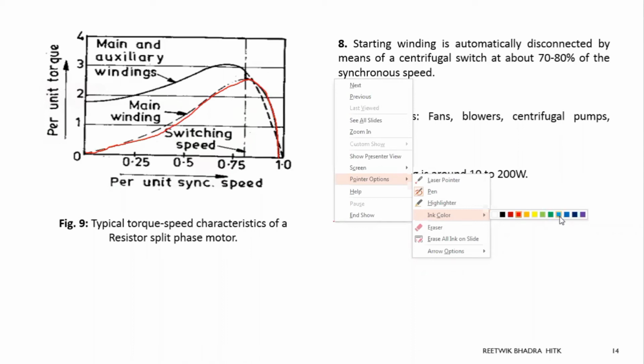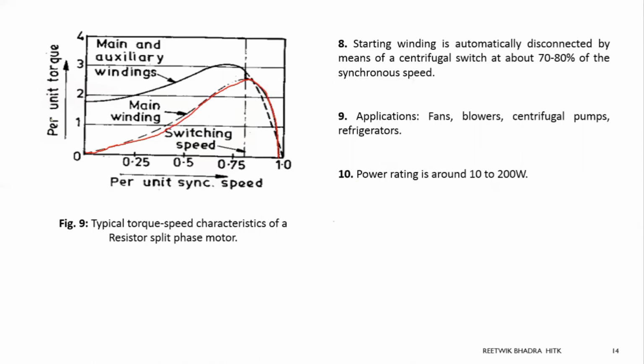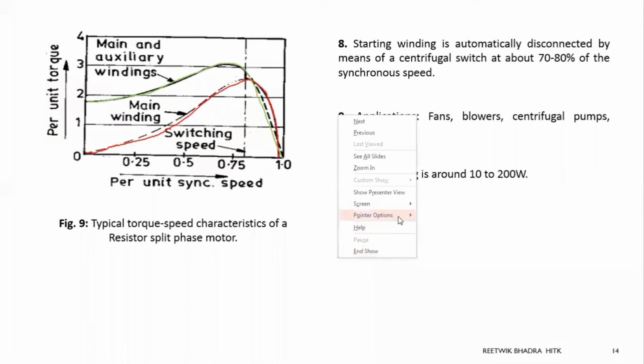I am explaining for the first one, the next ones you can understand. And this one is the green color, for when main and auxiliary winding are present.